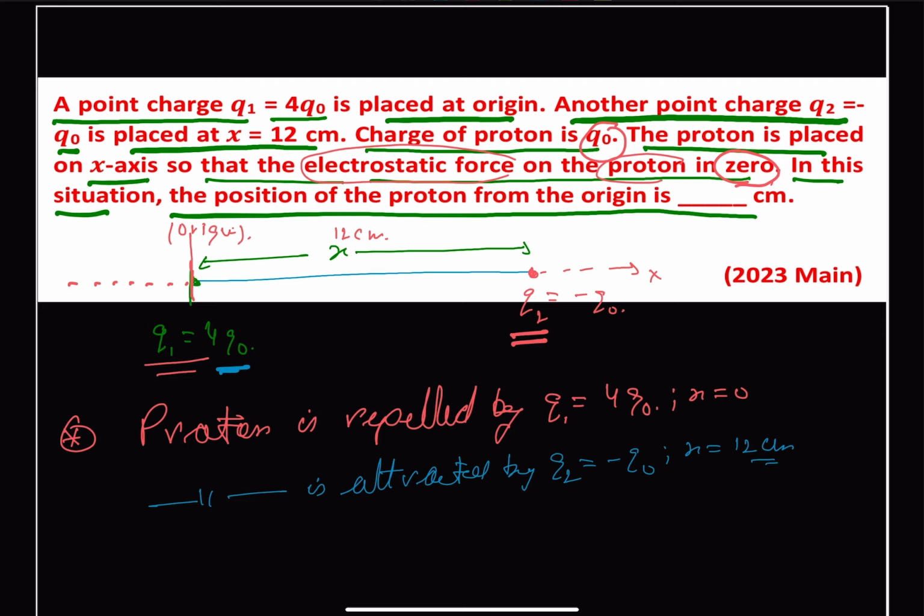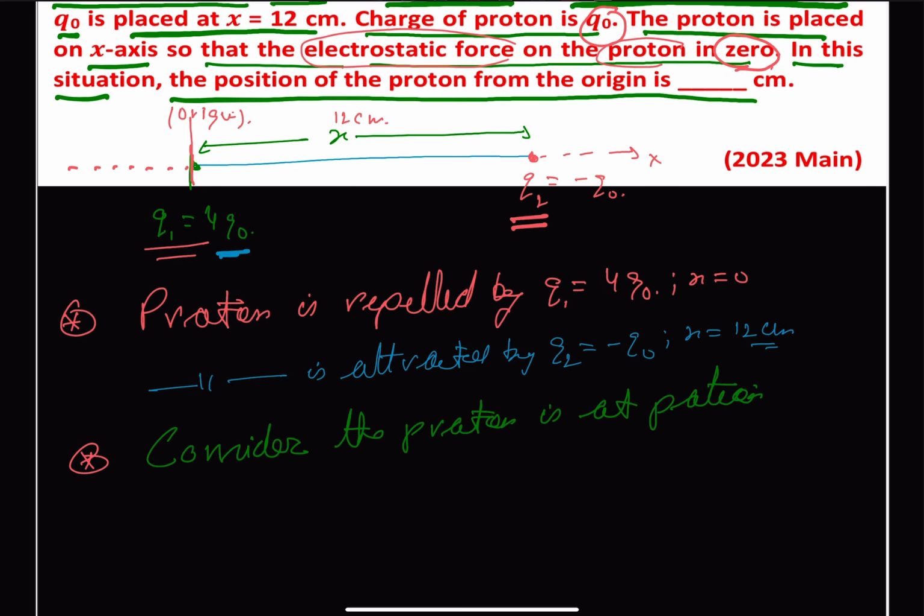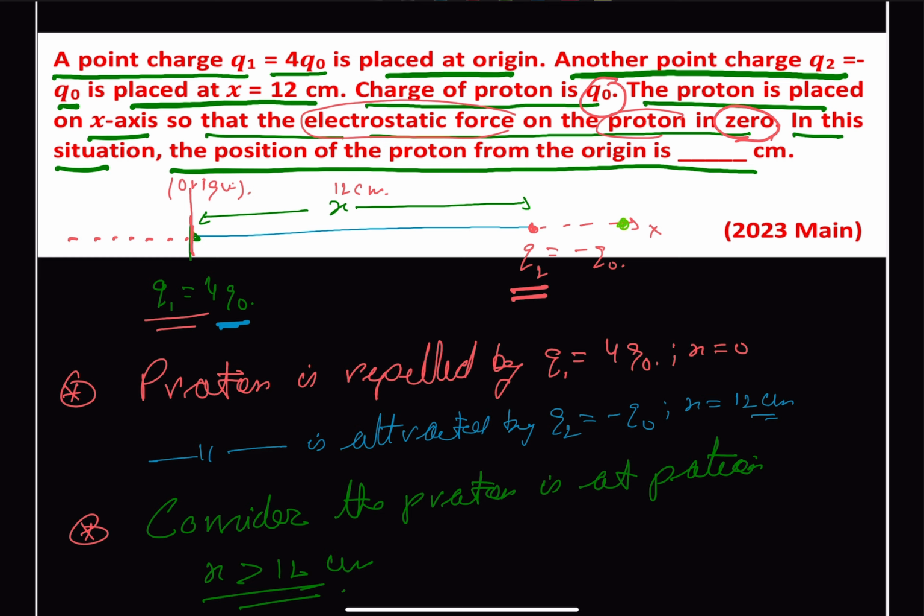So let us assume, consider the proton is at a position which is x greater than 12 centimeter. It means the proton is somewhere here, because this is x greater than 12 centimeter.